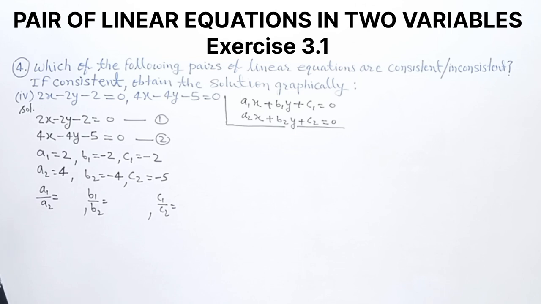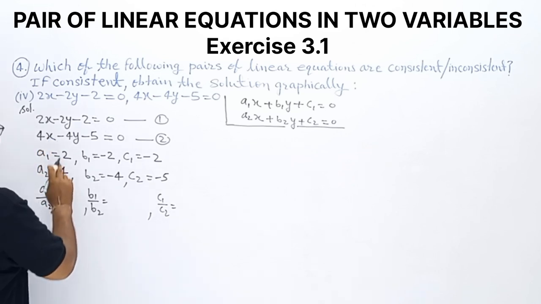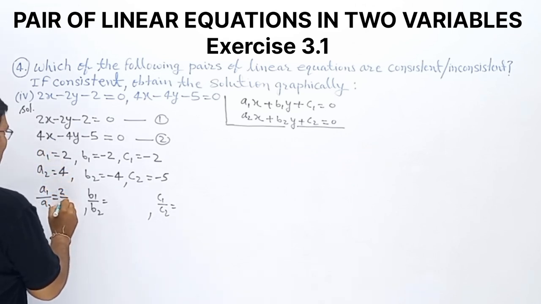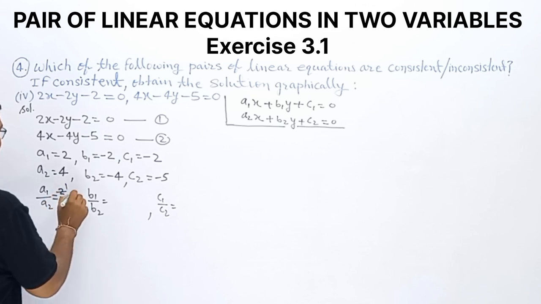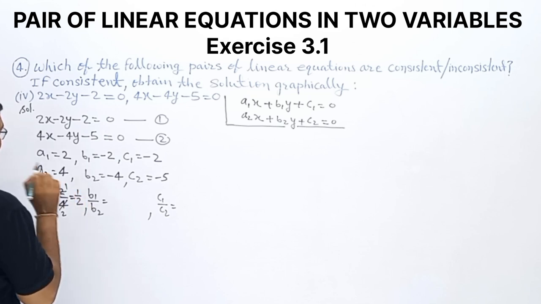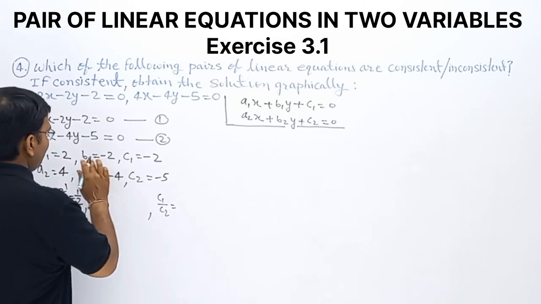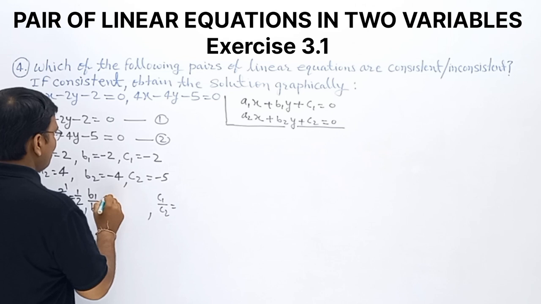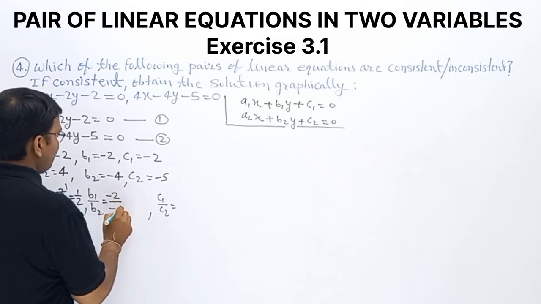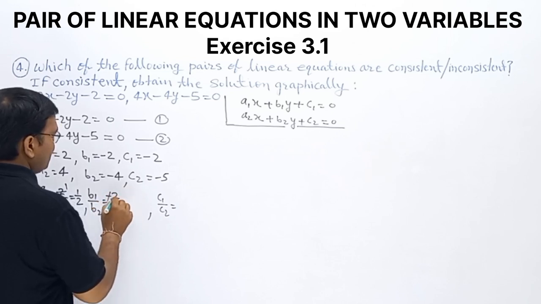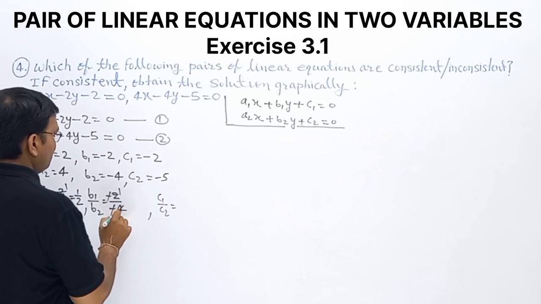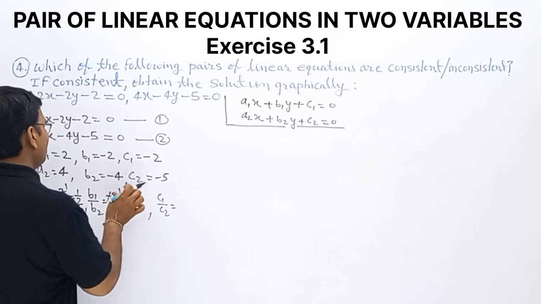Now we will find the ratios a1 upon a2, b1 upon b2 and c1 upon c2. a1 upon a2 is 2 upon 4, which is 1 by 2. Now b1 upon b2: b1 is minus 2 and b2 is minus 4, so minus 2 upon minus 4.